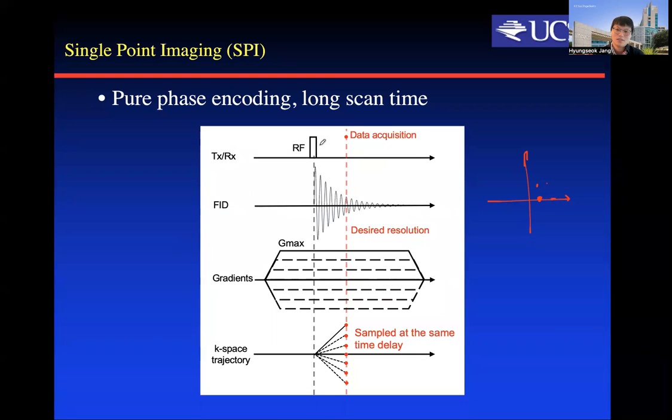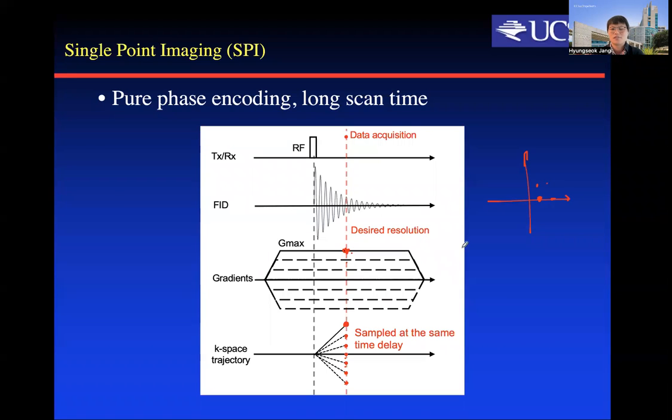After RF excitation, immediately after you get the desired resolution, you encode one single point using this single gradient, and then you can linearly scale this gradient to get different data points at different k-space locations.